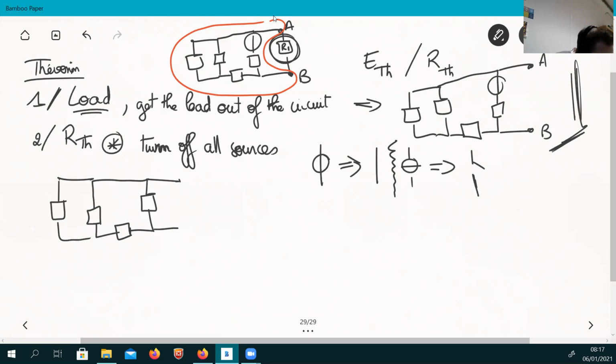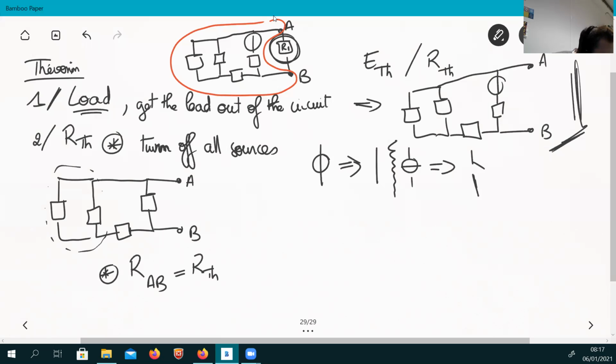All right. From now, to get RTH, I'm looking for the equivalent resistor that I see between A and B. And this is going to be RTH. So here it's quite simple.